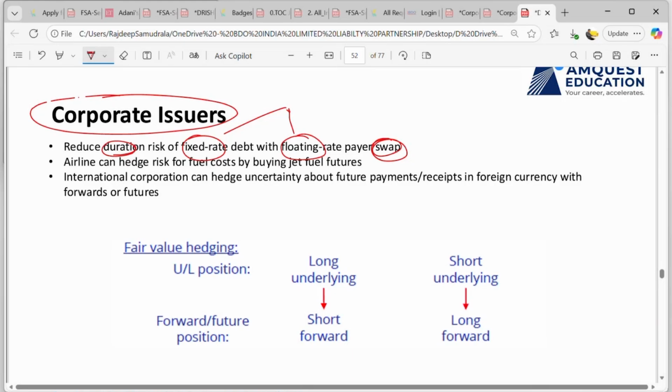Let's say airlines, the best example, Indigo, Air India. They have sold the tickets from before. The tickets on the airlines are sold a month before at times. But the fuel cost is incurred when the flight actually takes off, right? What if the fuel cost suddenly increases, which has happened many times.